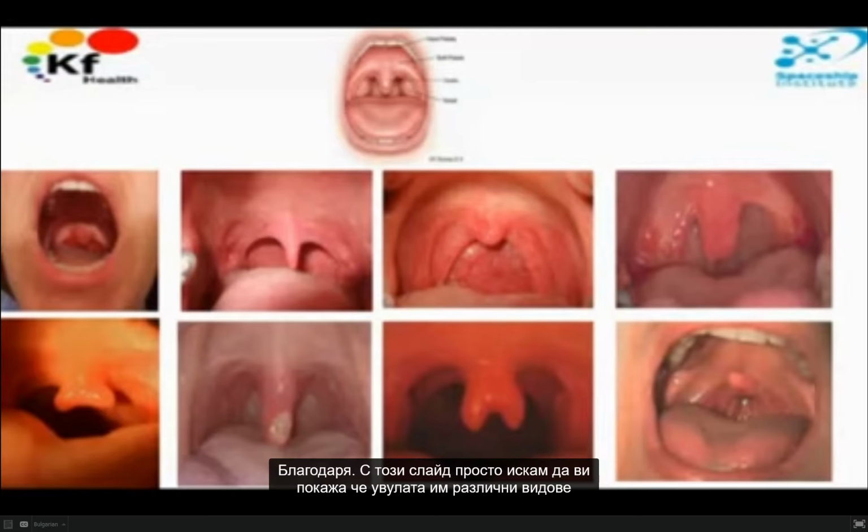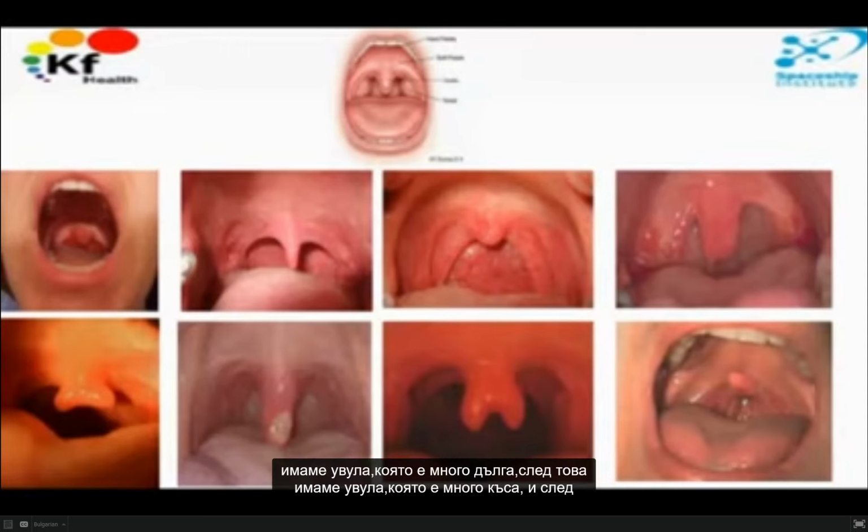Okay, thank you. With this slide, I just want to show you that the uvula has different kinds of shapes. And it's interesting why we have different kinds of shapes of uvula. It's actually because we accept information from the environment in different ways. As you see from the beginning, it is a uvula positioned on the left side of your mouth.